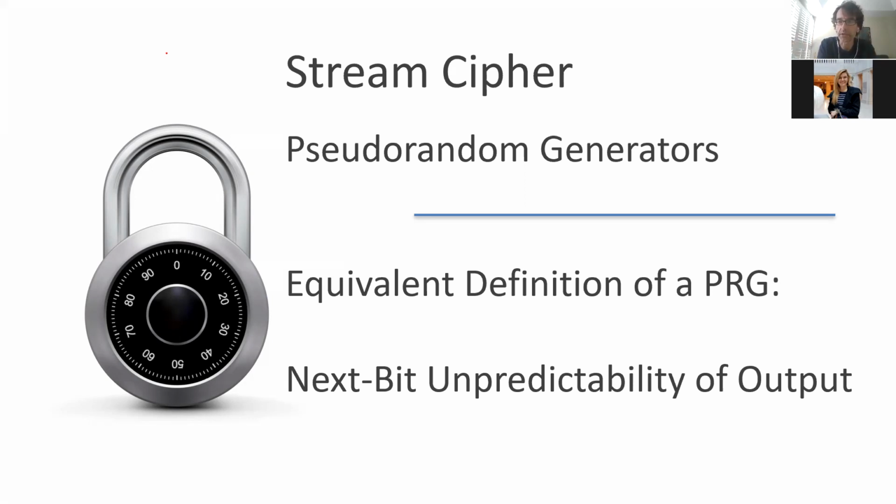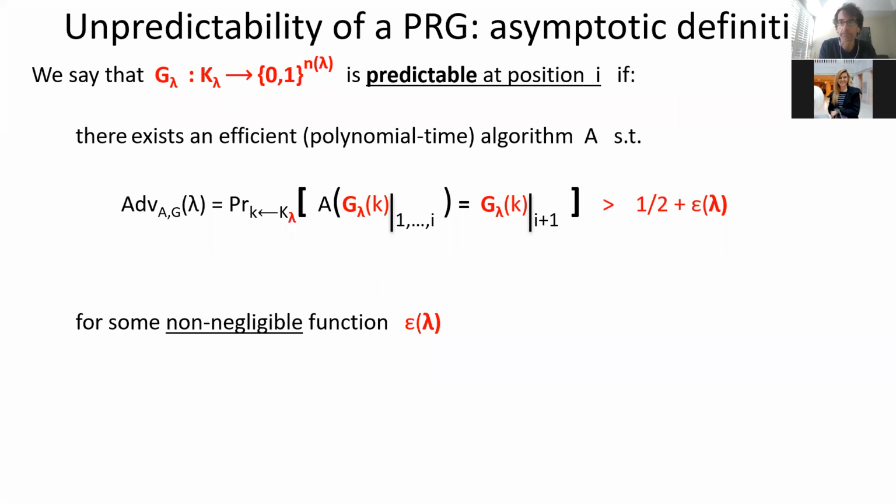But here is an alternative definition, just as useful, just as intuitive. The tester doesn't take the whole string. The tester takes the output of a PRG up to a certain index, up to bit i.